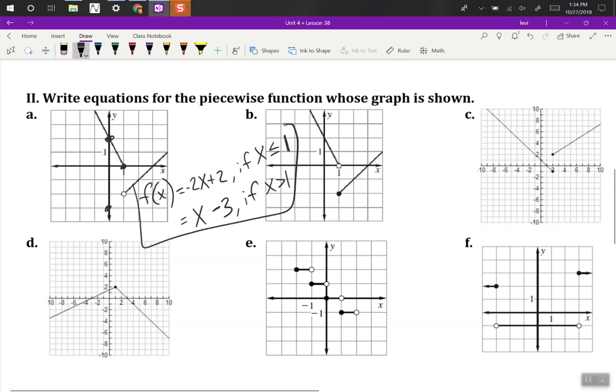So that's A. B, I've got an f of x right here. Our first one has a y-intercept of 2, so that's +2, and we're going down 2/1, so that's -2x, and we're less than 1 but not including 1, so it's just x values less than 1.